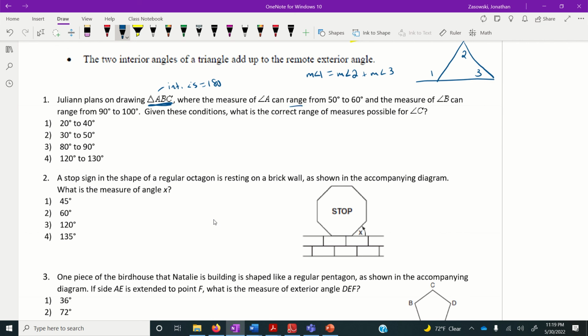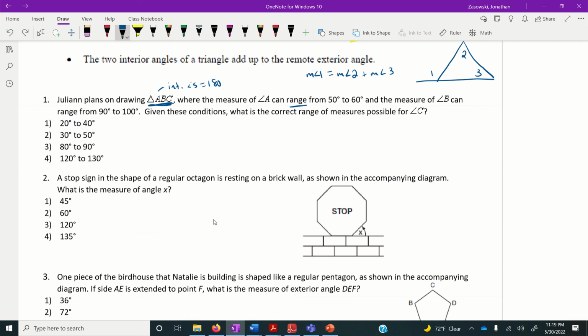When it's asking you a range question, you always want to think about what if you went from the largest to the smallest amounts. If we made angles A and B as large as they can be, what would be left for angle C?